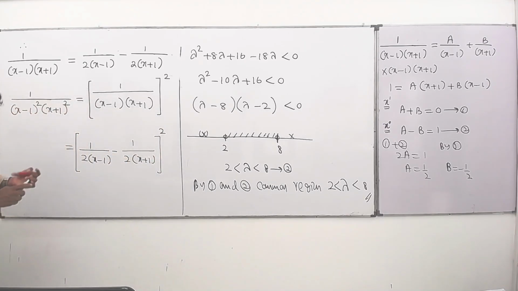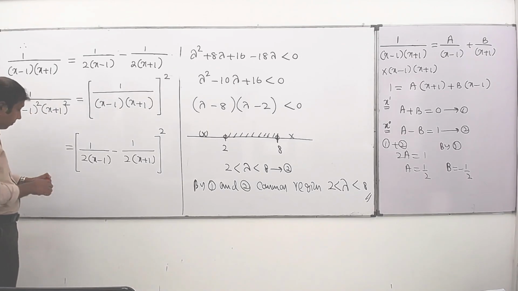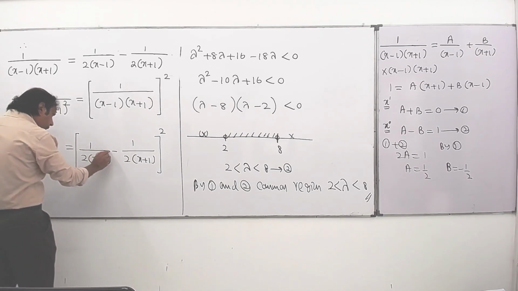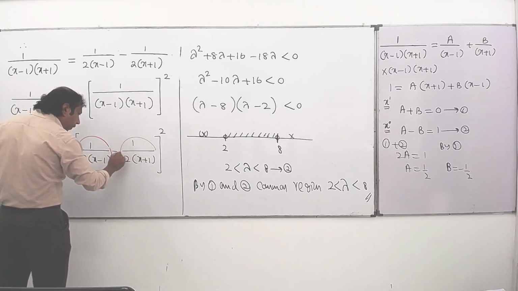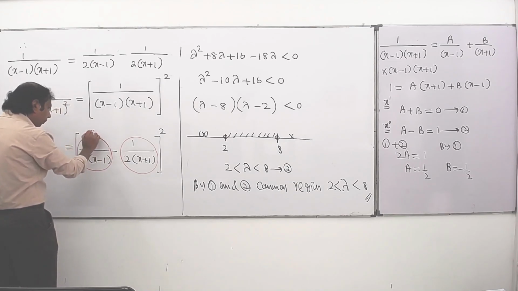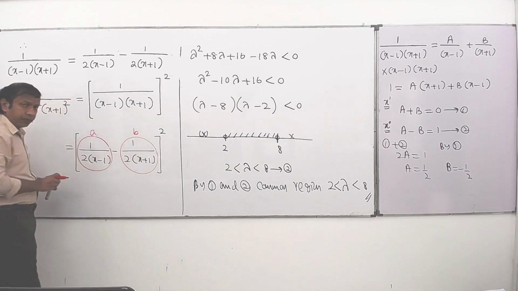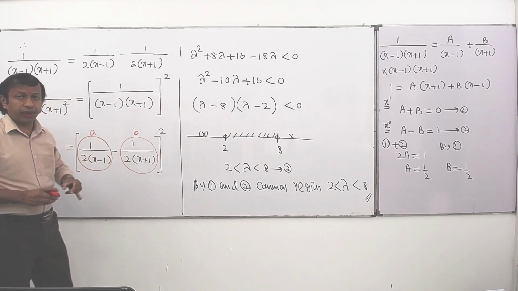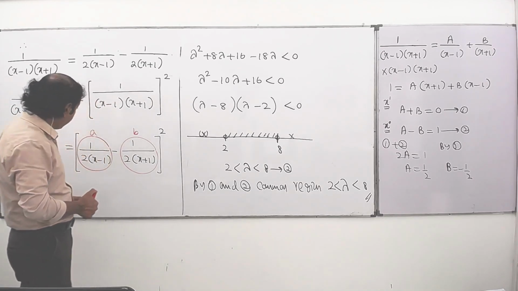Now you can think, this whole thing you can take as A, this you can take as B. Then here we have (A minus B) perfect squared.